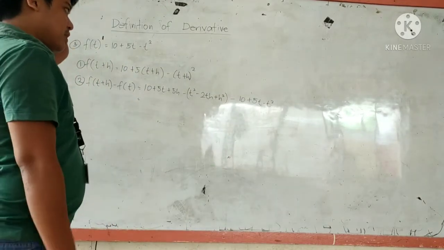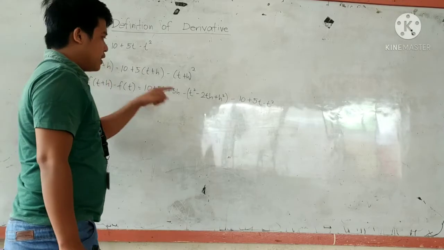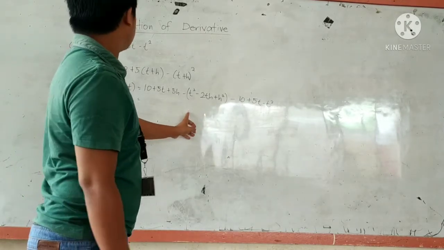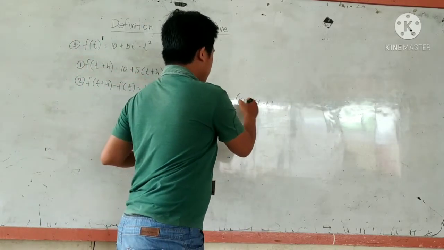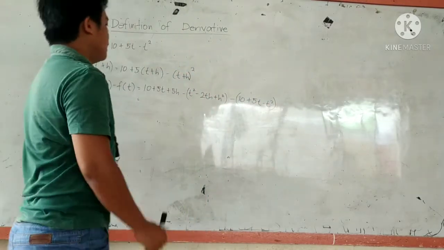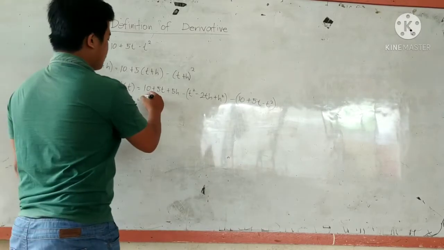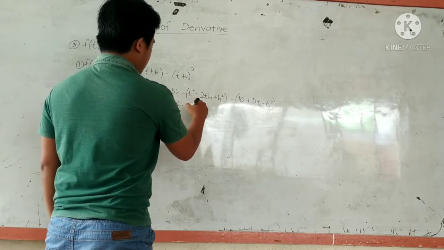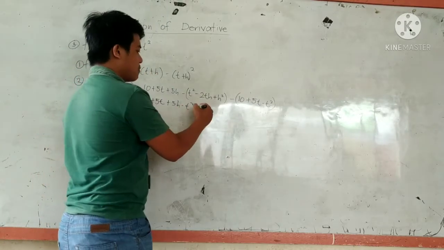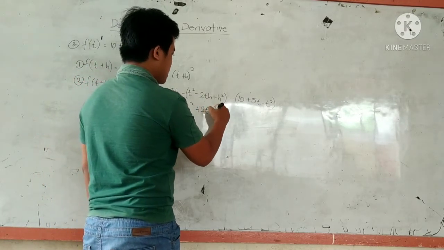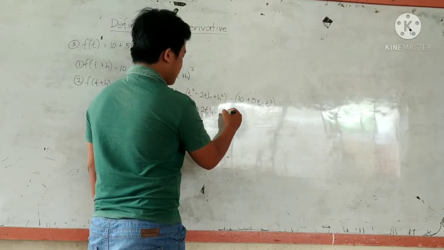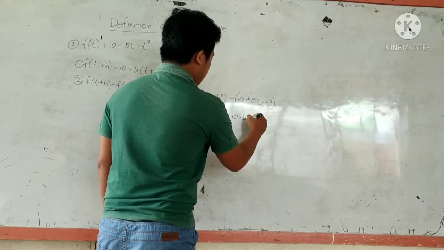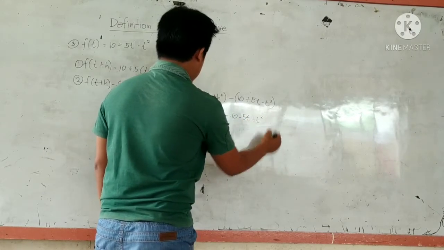Let's simplify this one so that we can remove these parentheses. Removing the parentheses, the signs will be changed. So we will have minus t squared, and this will be minus 2th, and this will also be minus h squared, minus 10 minus 5t plus t squared.